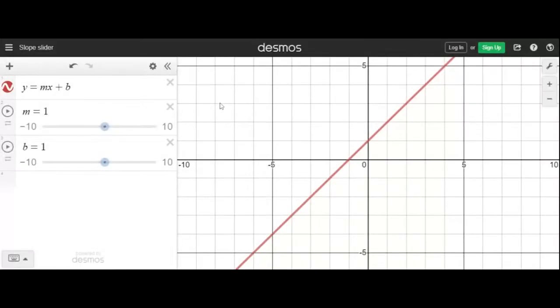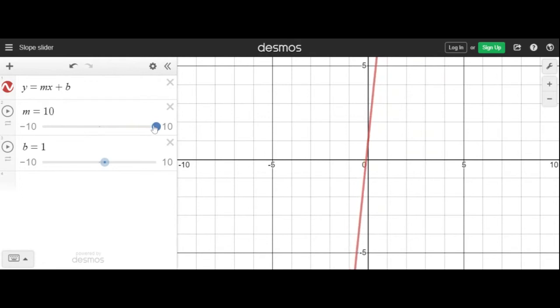Right now we are looking at the equation y equals mx plus b. M, remember, is our slope. This little slider here is going to allow me to change my slope. If I move it to the right, my slope is going up. The higher I go, the steeper my line is getting.